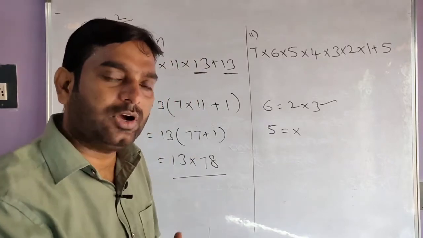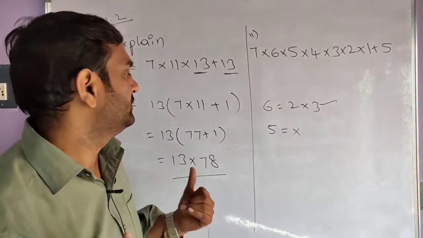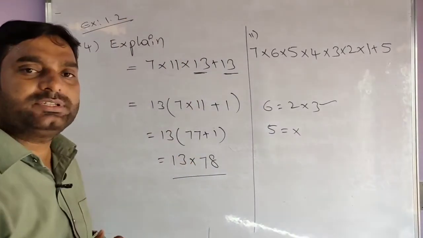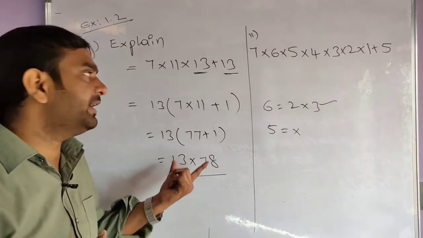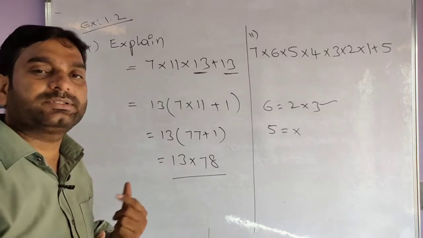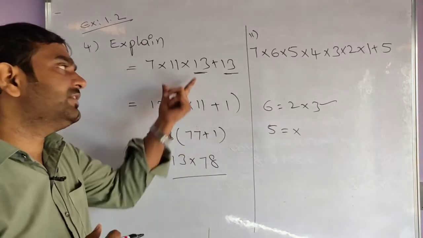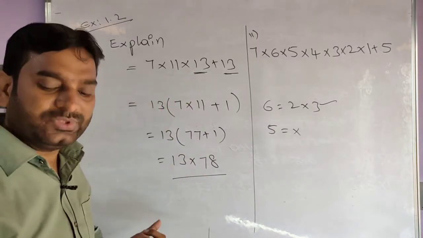If you can write it as a product, it is a composite number; if not, it is a prime number. So this is a composite number. Why? Because we can write this number as the product of 13 and 78. These two are the factors of the given number.